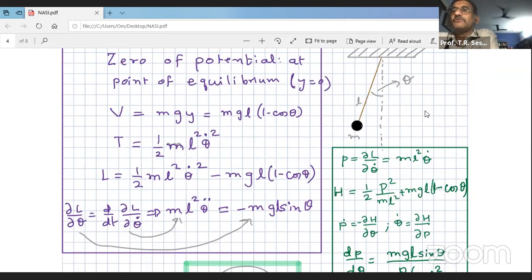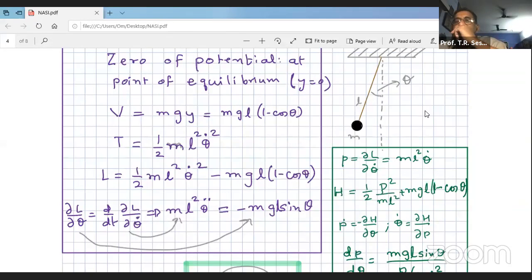If I take the projection of this length onto the vertical, it will be L cos theta, and the equilibrium position will be L. And so the amount by which the pendulum has raised itself is L into 1 minus cos theta. So this is equal to y for the pendulum at this angle theta. And so the potential is mg into L into 1 minus cos theta.